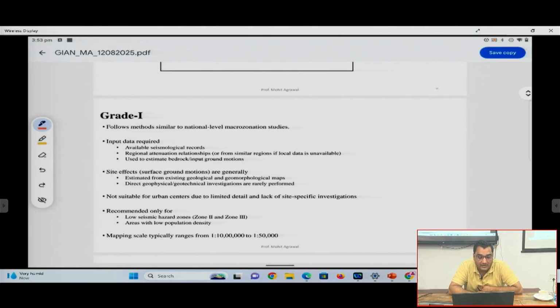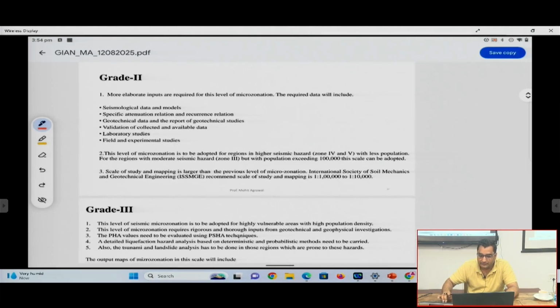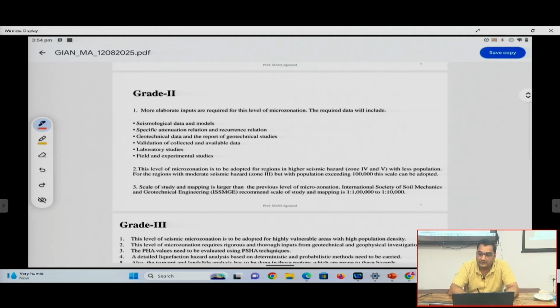Mapping scale typically ranges from, as we have already discussed, 1 to 1 million to 1 to 50,000. Now if we talk about grade 2, grade 2 basically takes more elaborate input if you compare it with grade 1.